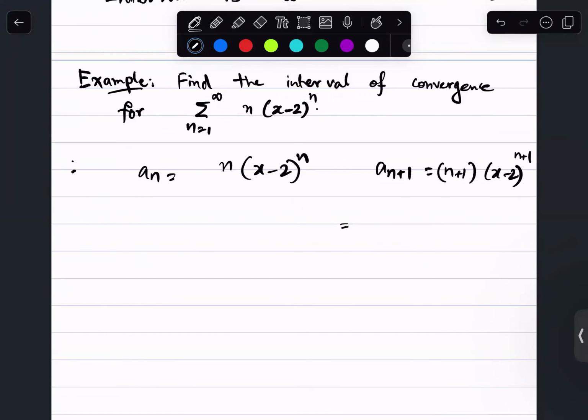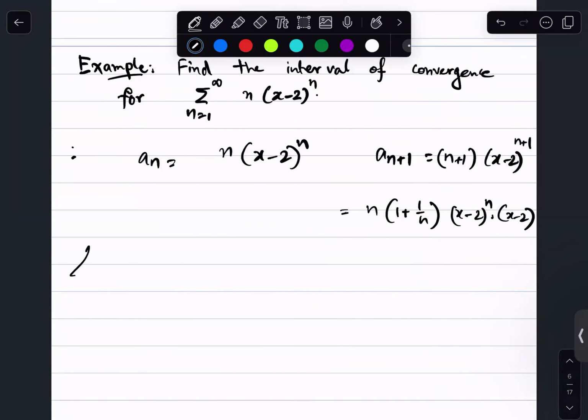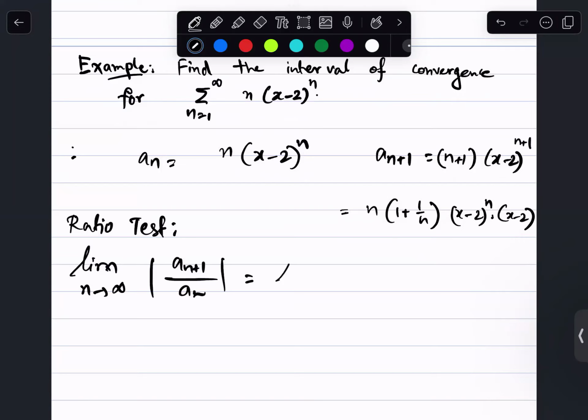So this can be rewritten as n times 1 plus 1 over n, x minus 2 to the n times x minus 2, just to see how things cancel. And then apply the ratio test again. Limit n tends to infinity, modulus of an plus 1 over an. And again, by simplifying the expressions, I'll get 1 plus 1 over n times modulus of x minus 2. And taking n to infinity, this quantity is nothing but modulus of x minus 2.